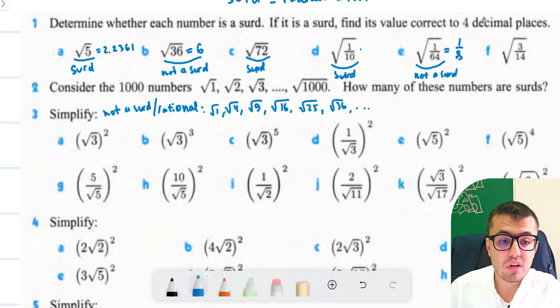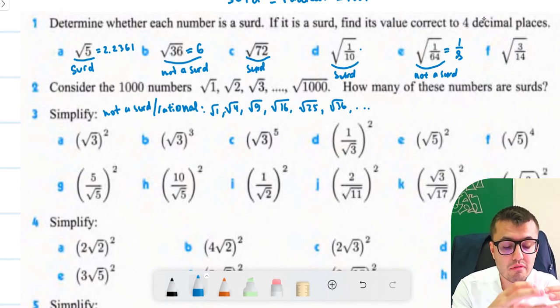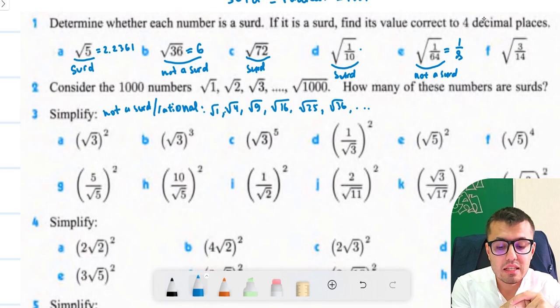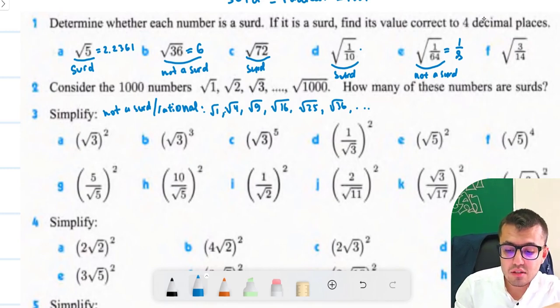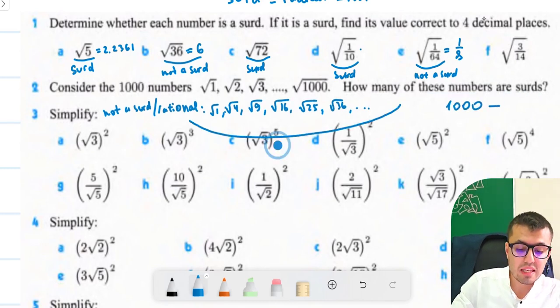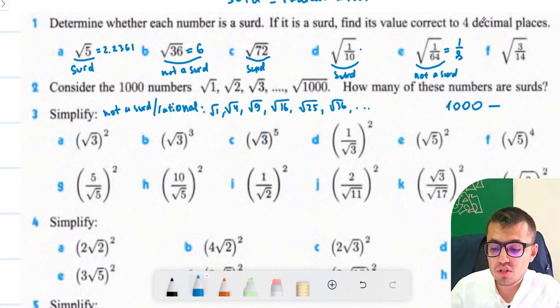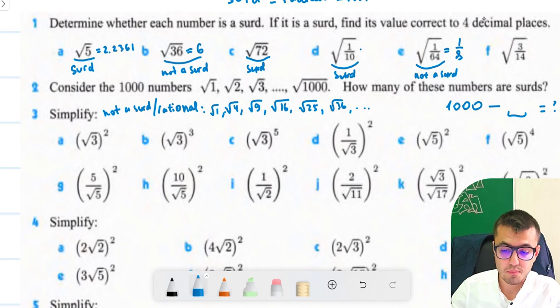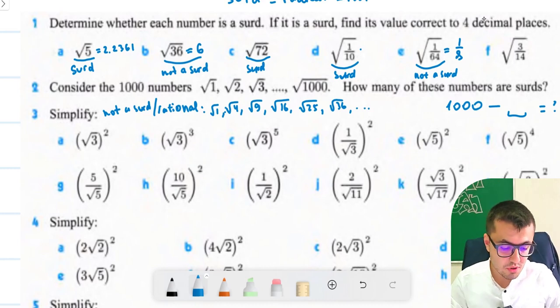You'll find the number of rational numbers, the numbers that are not surds, and then to answer the question, you subtract this number from 1,000. Whatever you find here, just subtract from 1,000, and that will be your answer. So that's a hint for you.